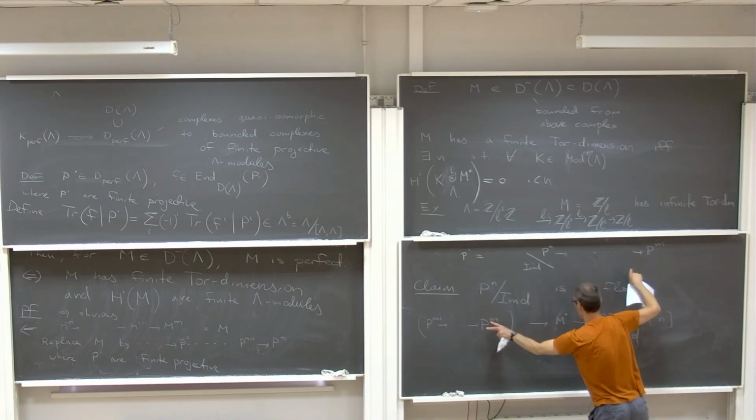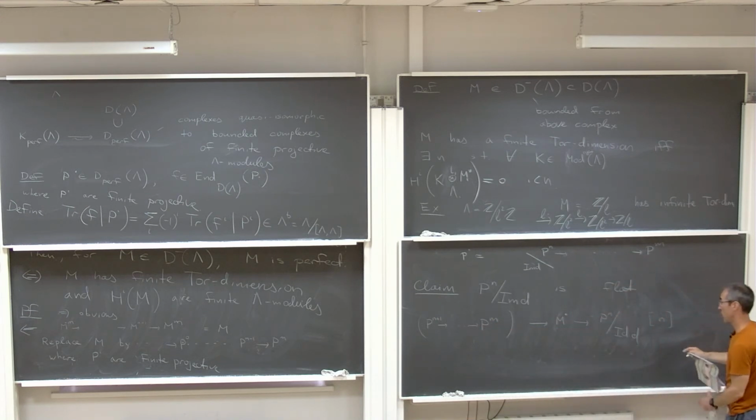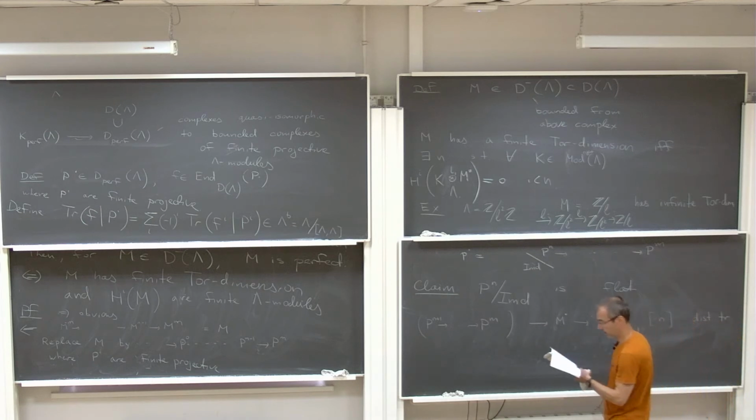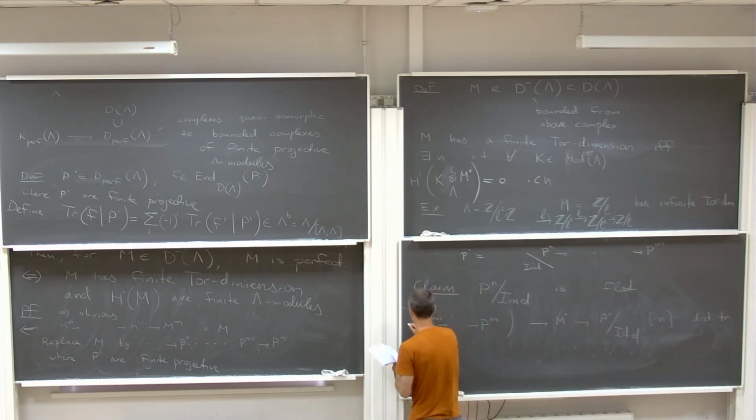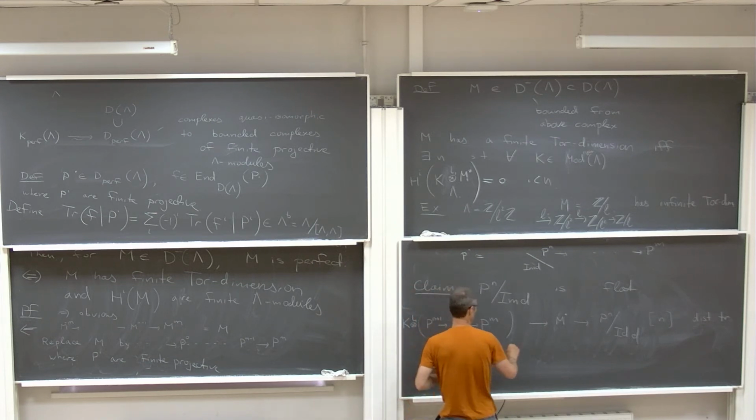This is a subcomplex, and this is the quotient. So this is an exact triangle, or distinguished triangle. So now I tensor it in the derived category with k, and I still get an exact triangle.